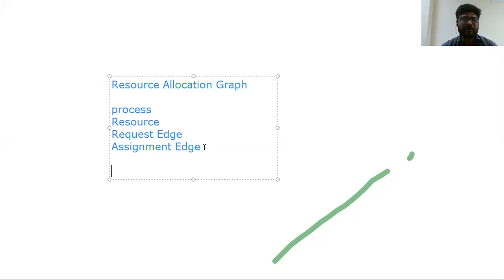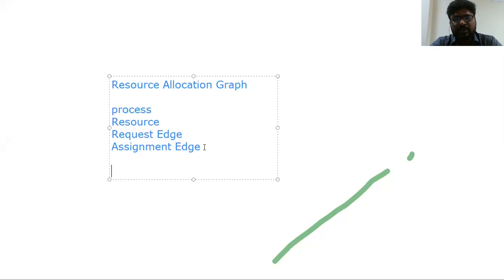Suppose you are working on Word, or now we are working with Zoom. Zoom itself is created as a process in the operating system. For Zoom, what are all the resources that are essential? To conduct a Zoom meeting, what resources are essential?